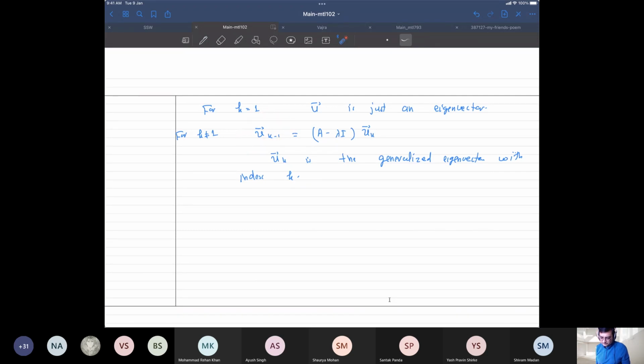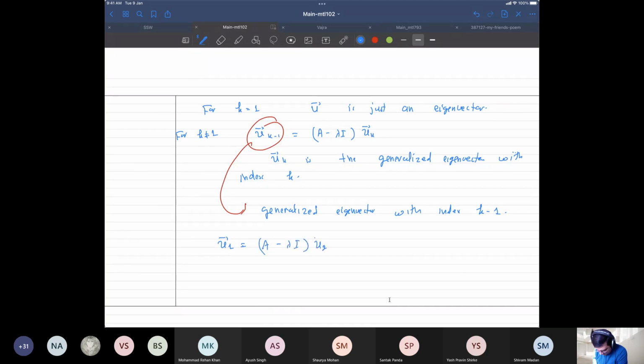This will be a generalized eigenvector with index k minus 1, and so on and so forth till you reach V1, which is (A minus lambda I) to the power k minus 1 applied on Vk. Now this V1 will be an eigenvector.